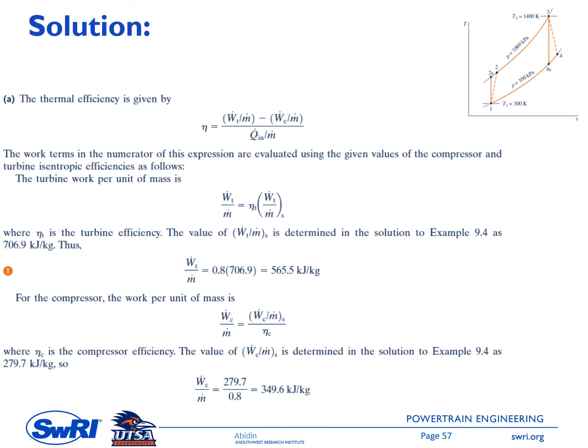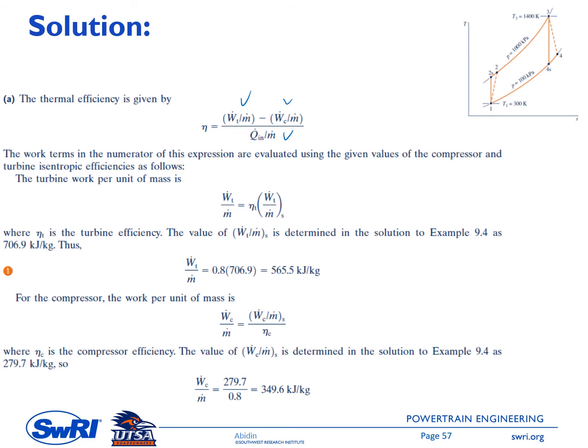To calculate the thermal efficiency, you need to know the actual turbine power after we incorporate the efficiency, the actual compressor power, and Q in. In the previous example, we already got H1, and we know H2s, so we need to calculate H2.